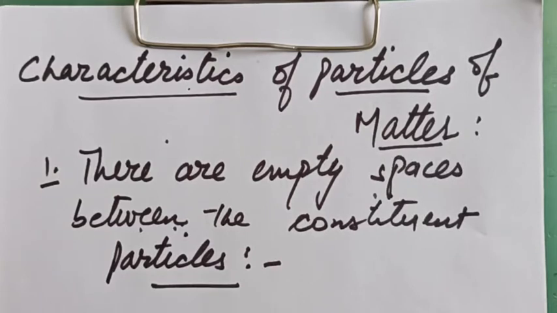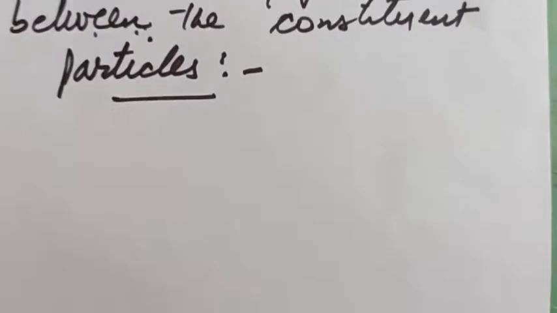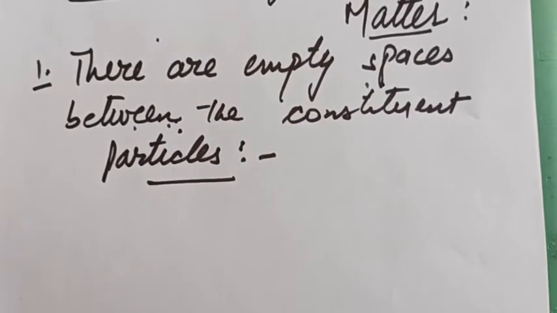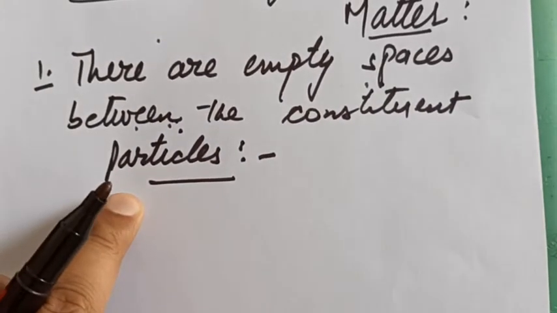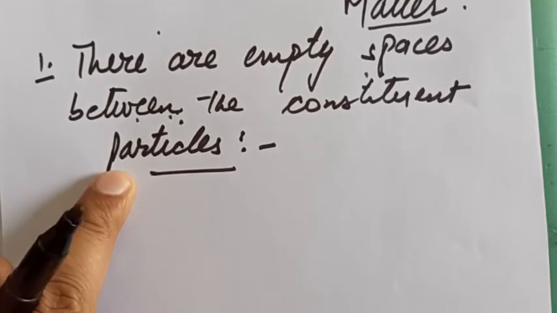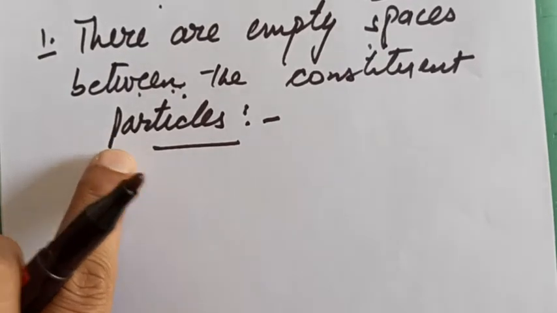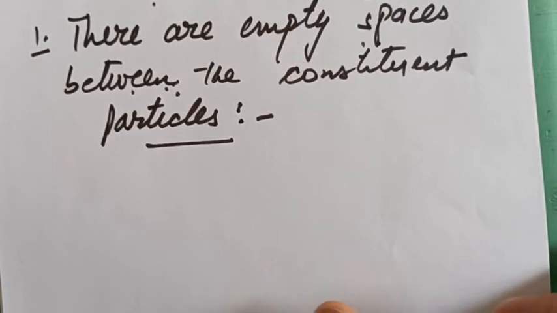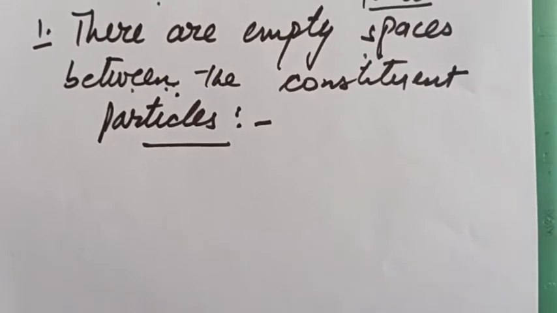So we conclude that there are empty spaces between the particles of matter. These spaces are called interparticle spaces or voids. If you have to give evidence for this characteristic, you can give the same two examples: potassium permanganate, and salt and water.